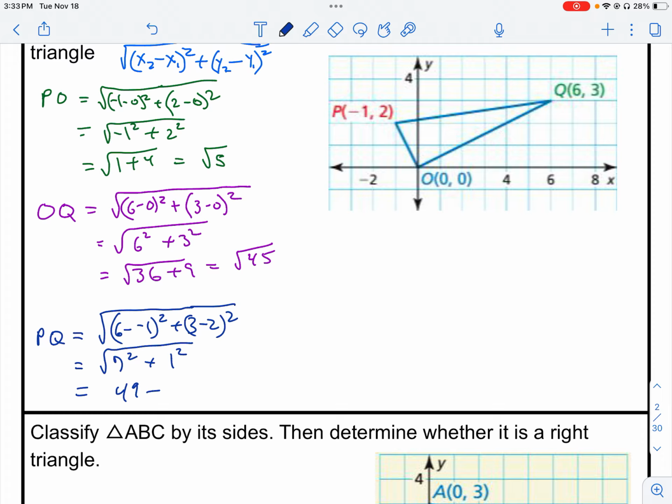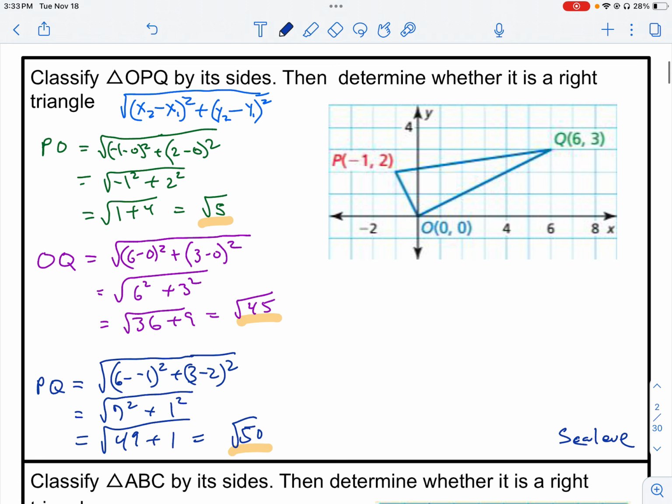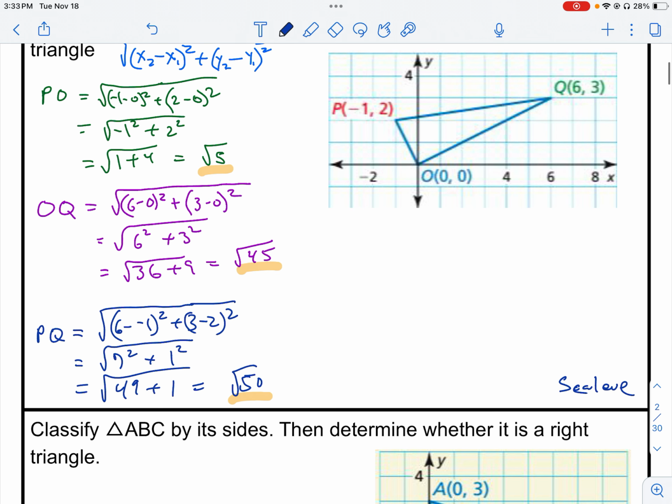So 49 plus 1 equals radical 50. So you have radical 5, radical 45, and radical 50, which is going to make this a scalene triangle. Now we have to determine if it's a right triangle.